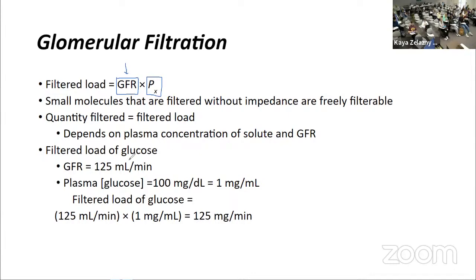Usually we're talking about glucose because glucose is really important for people's lives, and really important when we think about the kidney, and we'll see why. It's one of the main things that we're going to see filtering and then being reabsorbed at the top of the nephron. So we're going to be multiplying our rate by the plasma concentration of our solute. We do like to track glucose.